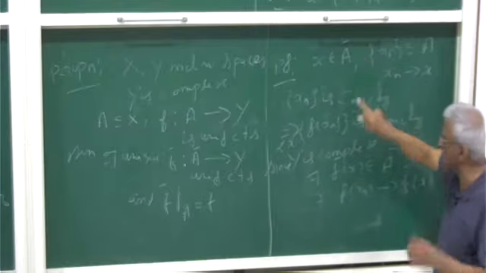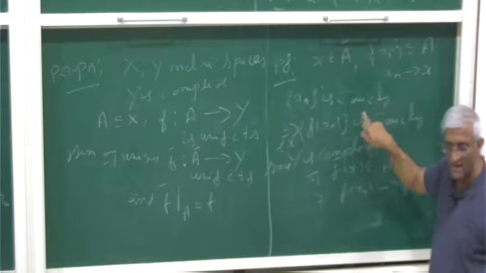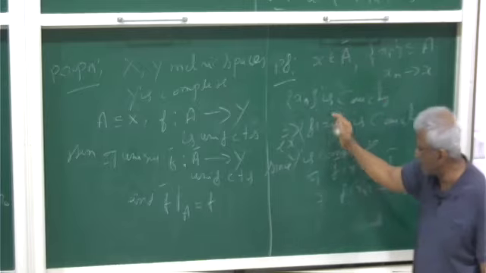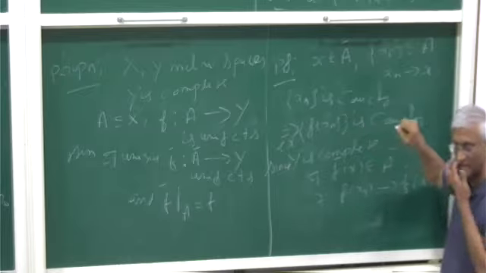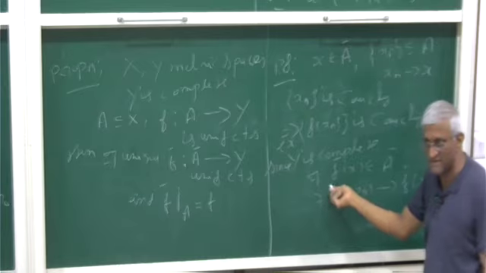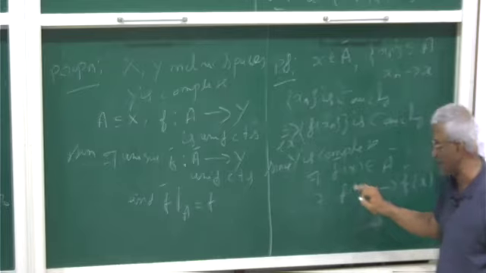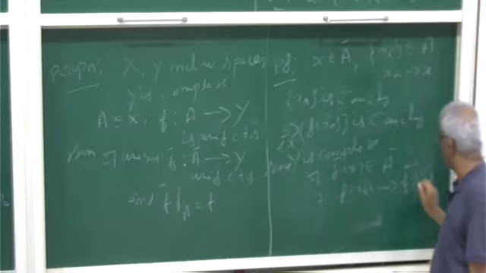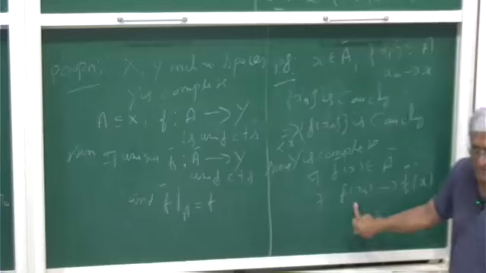I take a sequence in A which converges to x. Because xn is Cauchy, f of xn is Cauchy, then because y is complete, f of xn will converge to something. I call that f bar x. I define f bar x to be the limit of f of xn.